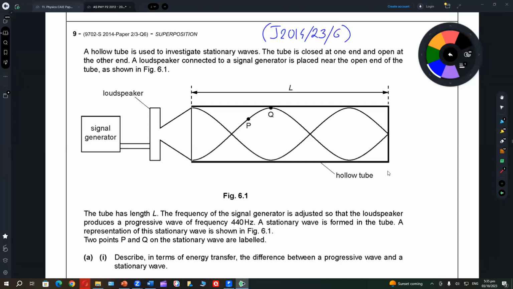June 14, 6. A hollow tube is used to investigate stationary waves. The tube is closed at one end. So should I say it's a closed pipe? There are two types of pipes, open pipe and closed pipe. A loudspeaker connected to a signal generator is placed near the open end of the tube as shown.